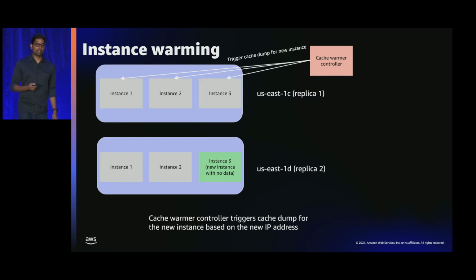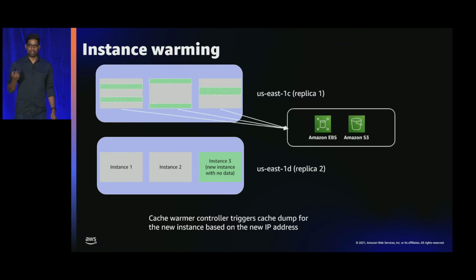So it will trigger this workflow called dump the cache contents, and the contents of the cache get uploaded to either EBS or S3. We'll get into the details of why EBS, why S3 in the later slides. But for the moment, just know that the data gets moved to some persistent store.